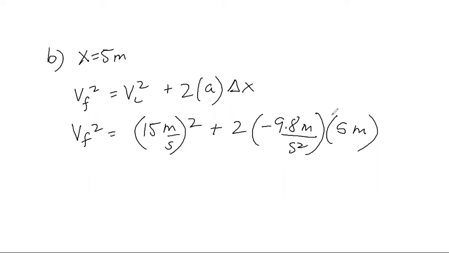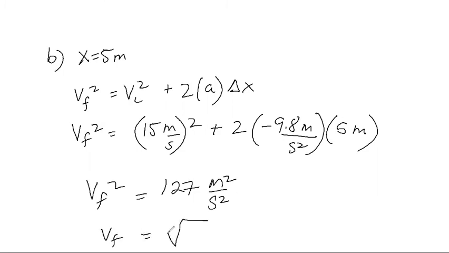And let's see, I get V final squared equals 127 meters squared over second squared. So V final is going to equal the square root of 127 meters squared over second squared, which equals 11.2 meters per second.